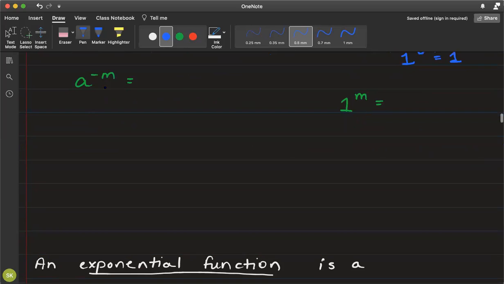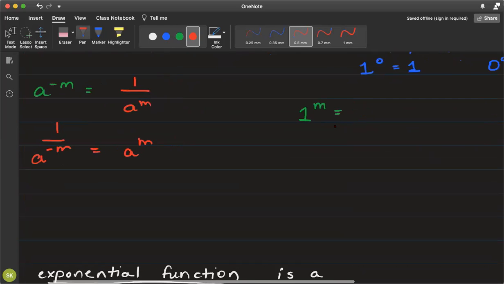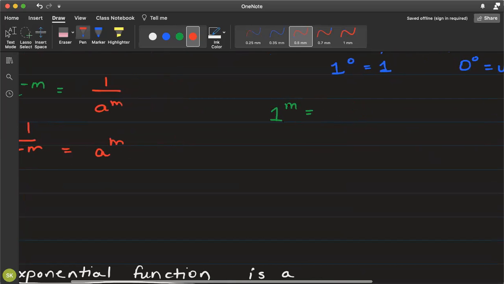Let's look at this a to the -m. We already discussed this one. I don't think we need much practice with this, but this is equal to 1 over a to the m. And also I mentioned that a to the -m, if it's in the denominator, this is a to the m. And then finally, I have 1 raised to any number. 1 raised to any number is just going to be 1.